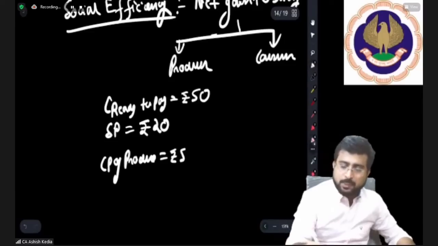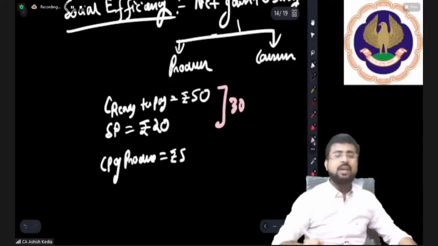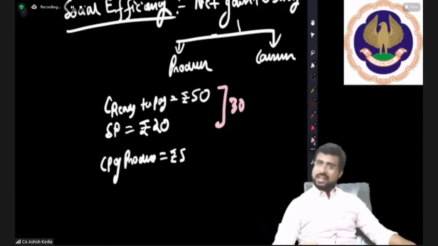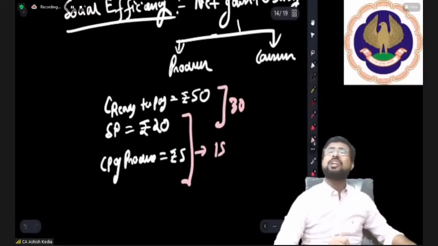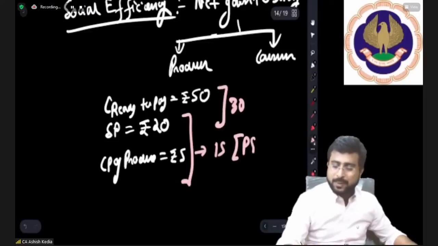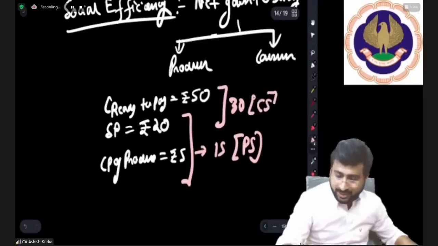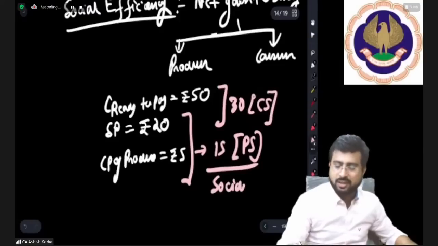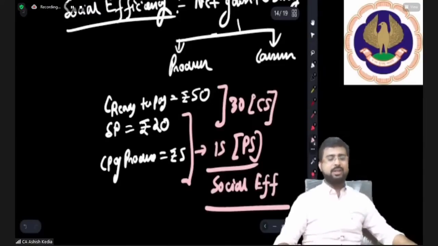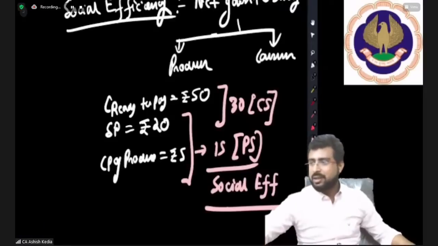Because consumer surplus is 30. The consumer is having to pay 30 less than what they are ready to pay. The producer is happy because they are making a profit of 15 rupees. That's producer surplus, that's consumer surplus. This total is called social efficiency. My dear friends, is it crystal clear, everybody?